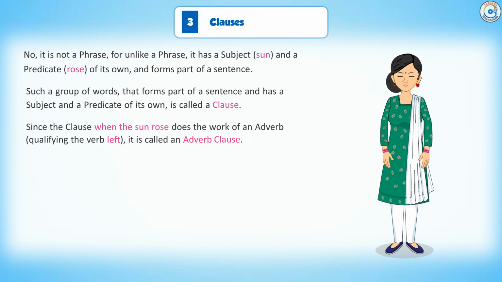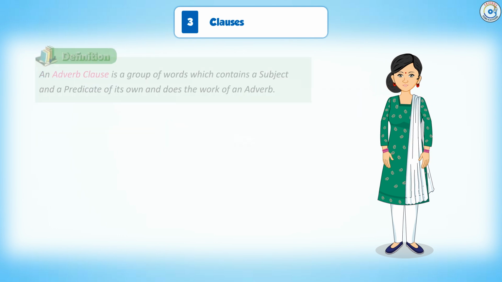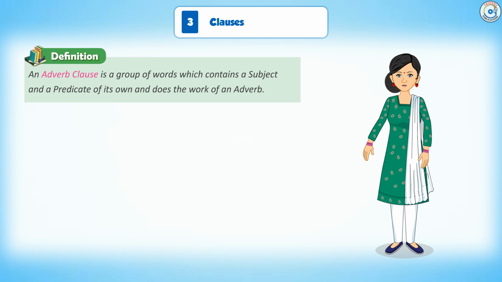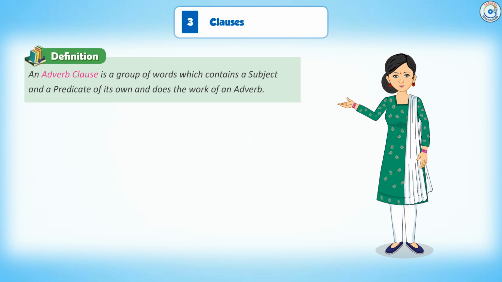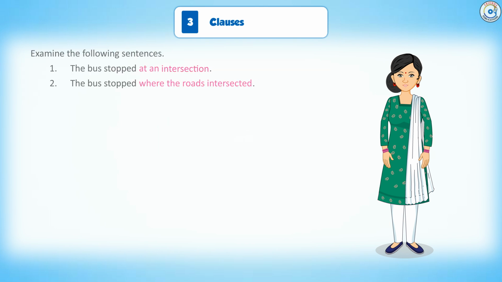Since the clause, when the sun rose, does the work of an adverb, qualifying the verb left, it is called an adverb clause. Definition. An adverb clause is a group of words which contains a subject and a predicate of its own and does the work of an adverb.